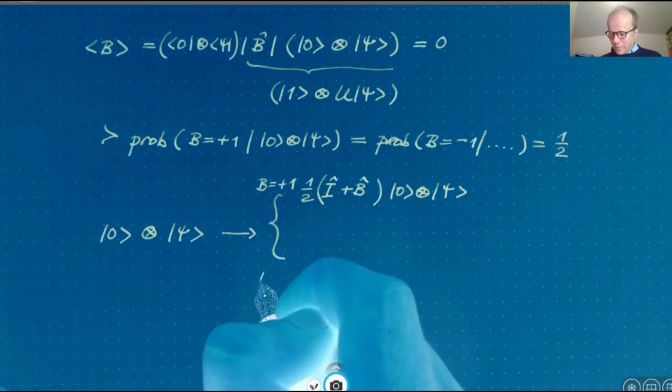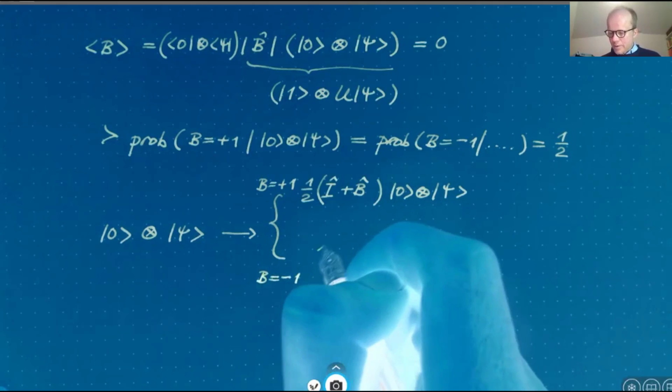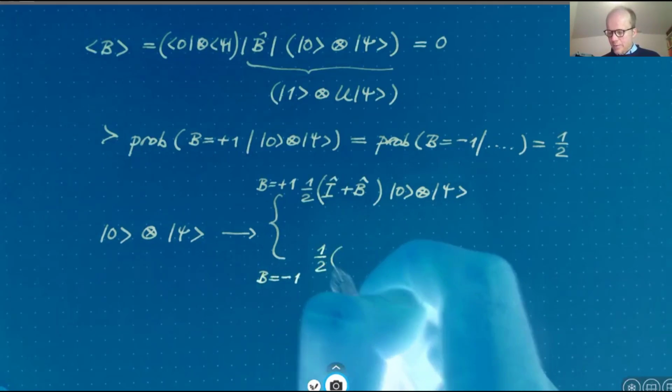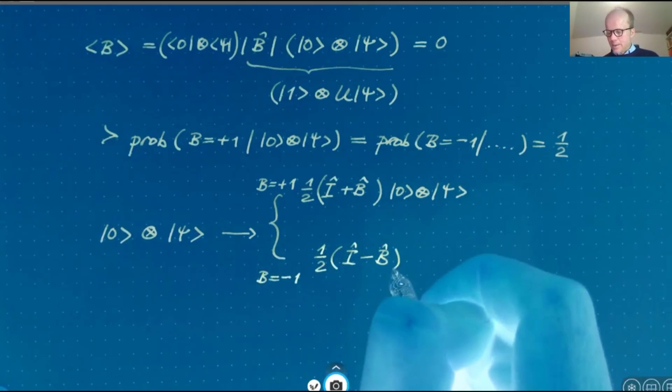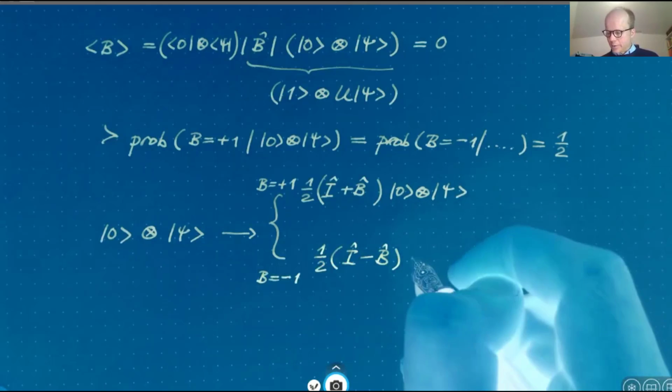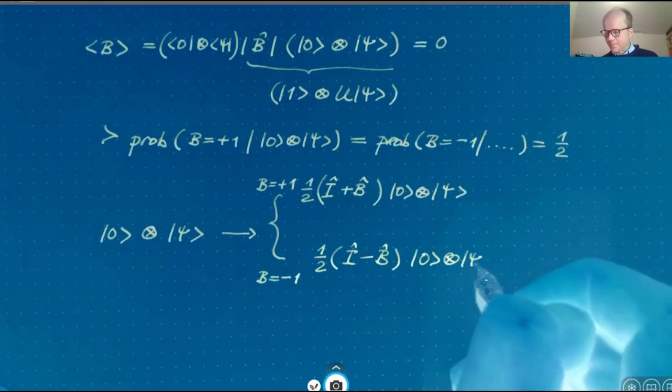Likewise, for measurement result -1, the projector is given by 1/2 unit operator minus B, and this is applied to 0 tensor psi.